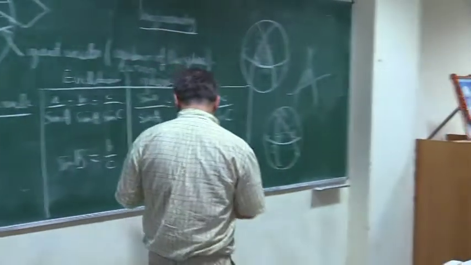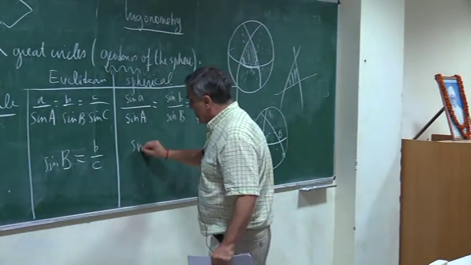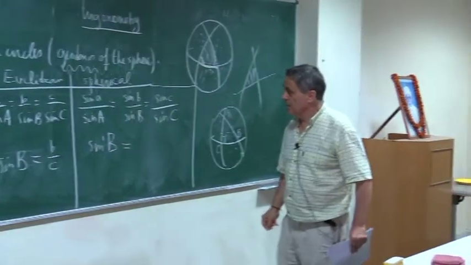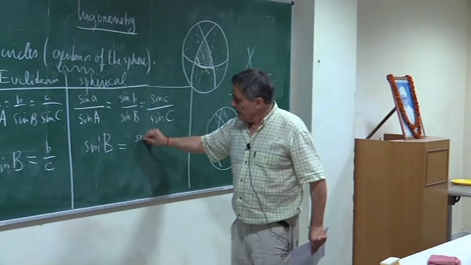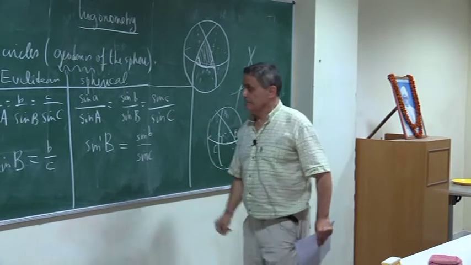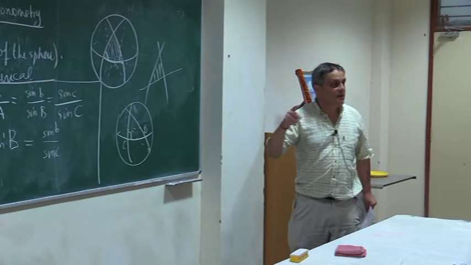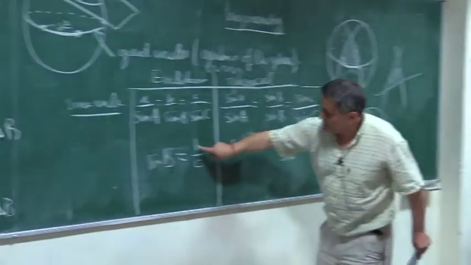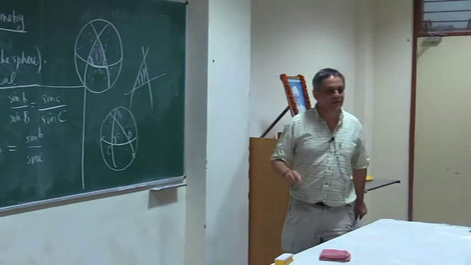In spherical geometry, sine B is equal to, well, somebody can guess here, sine b over sine c. It's not always the case that you have to replace the length by the sine of the length. It would have been too easy, in fact.